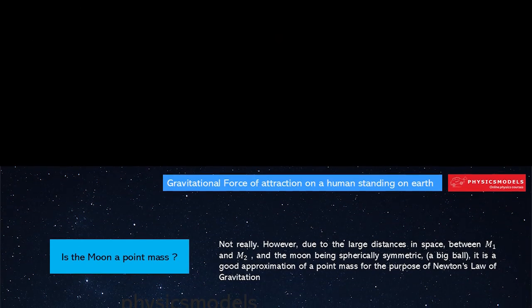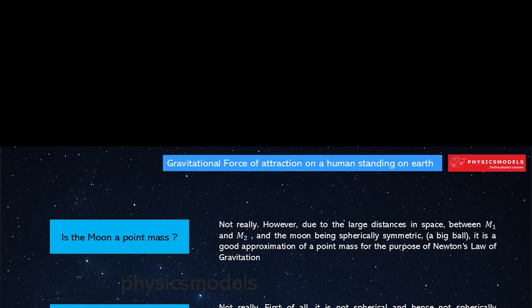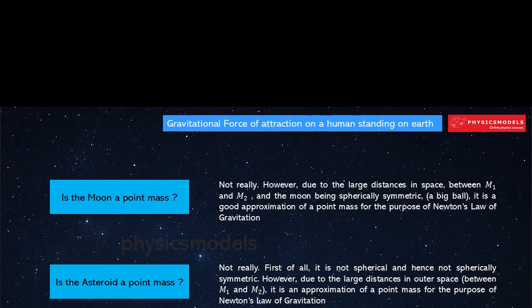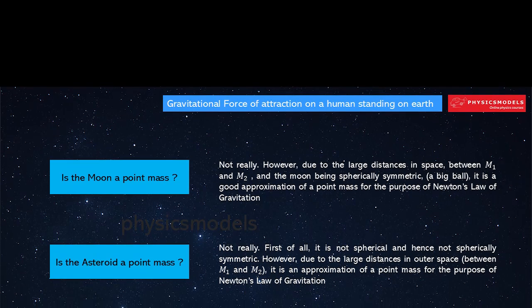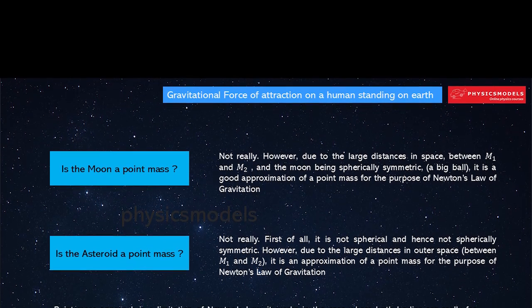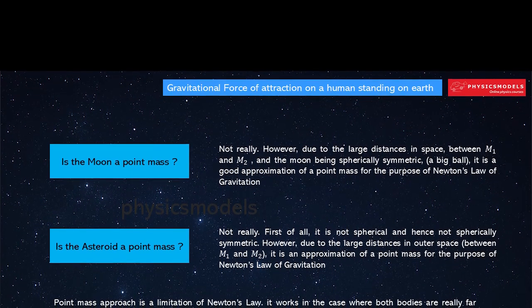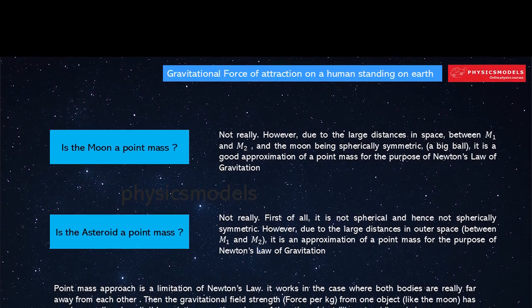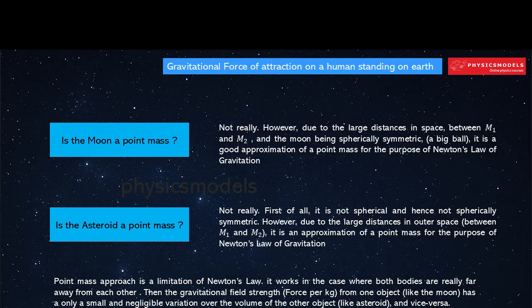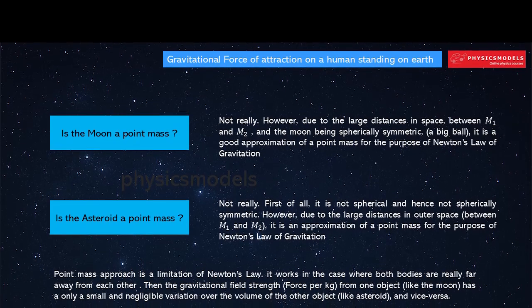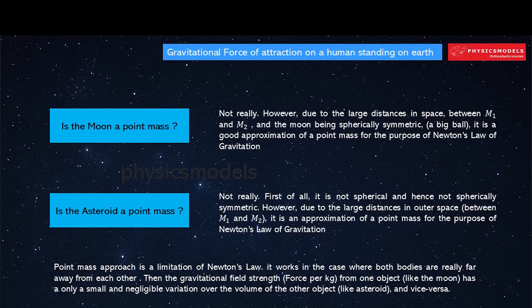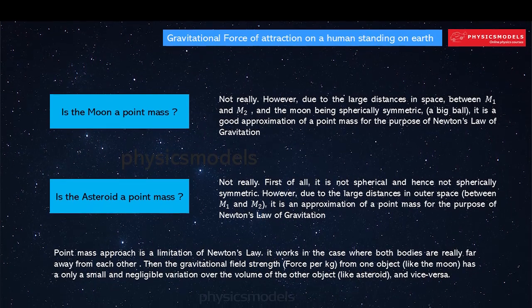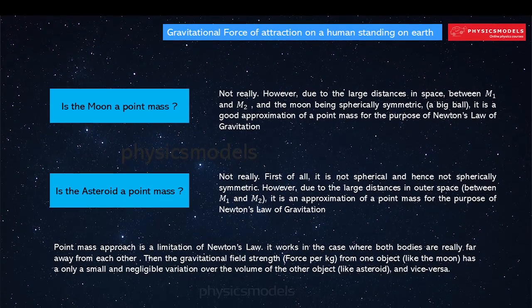Quick word about point masses before we jump into the numerical. In Newton's equation, m1 and m2 were defined as point masses. And Newton explained that large spheres like Moon, Earth, which are symmetrical, can be considered as point masses, especially when the distance between the moon and some other thing like the asteroid is large.